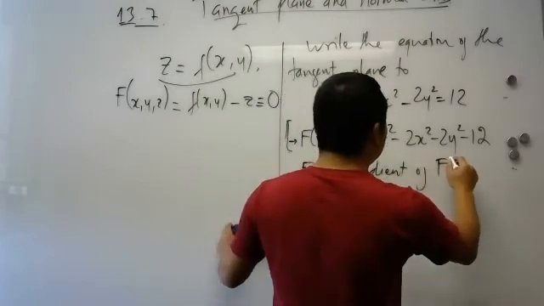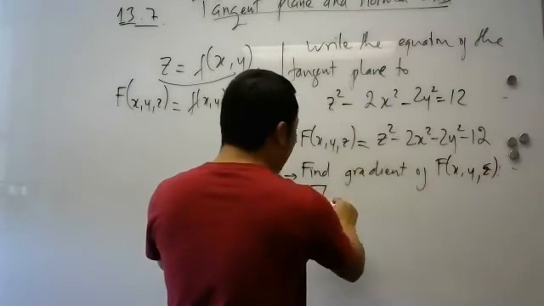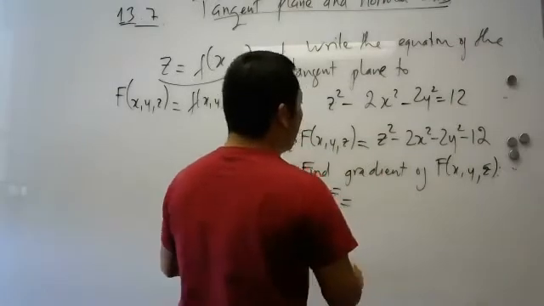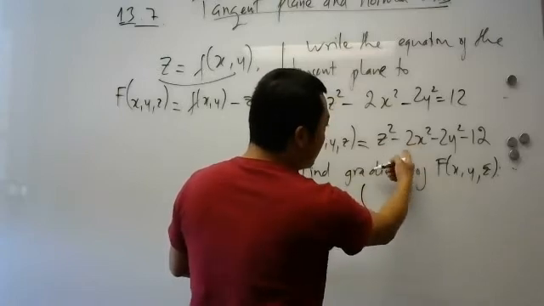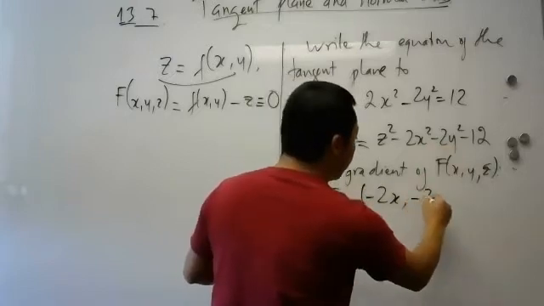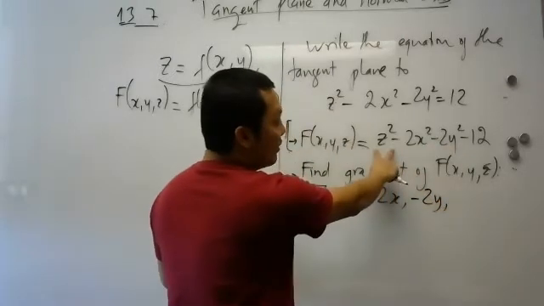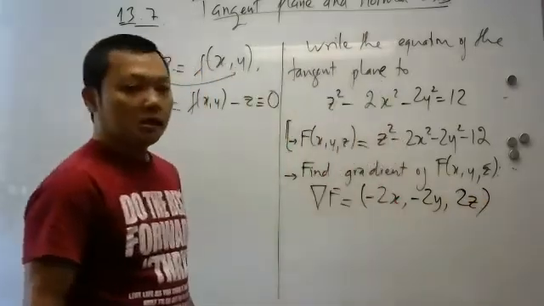The second step, find the gradient of f(x,y,z). So the gradient of f looks like this: the partial derivative with respect to x is negative 2x, the partial derivative with respect to y is negative 2y, and the partial derivative with respect to z is just 2z.